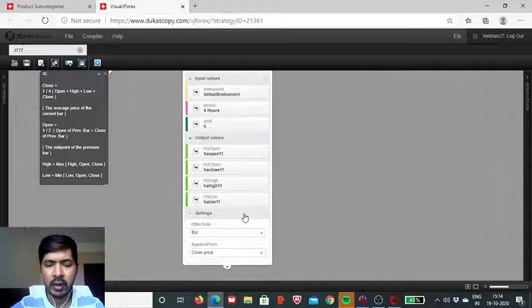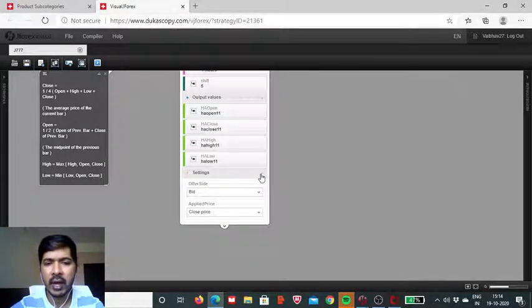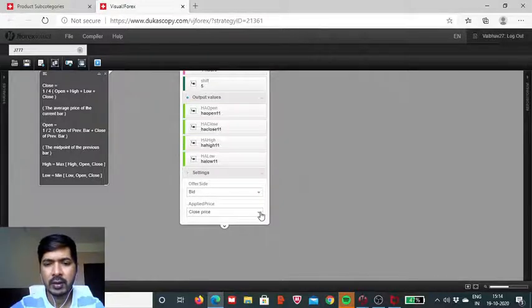And coming to the settings, as I have said many a times, we have to see on which side, bid or ask, we want our calculation to be done, and there will be minor difference in the output value depending on the offer price, whether it is on the bid side or on the ask side. And the applied price doesn't really make the difference for this Heikin Ashi indicator, as was the case for other indicators.